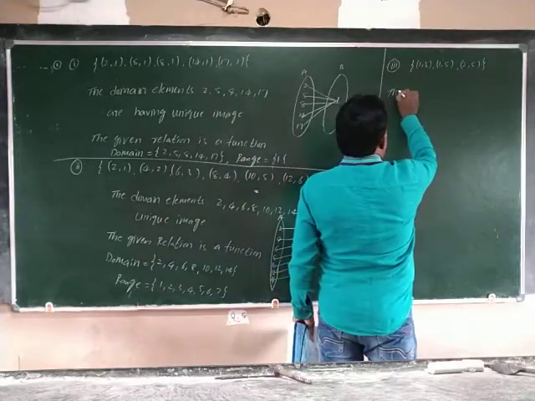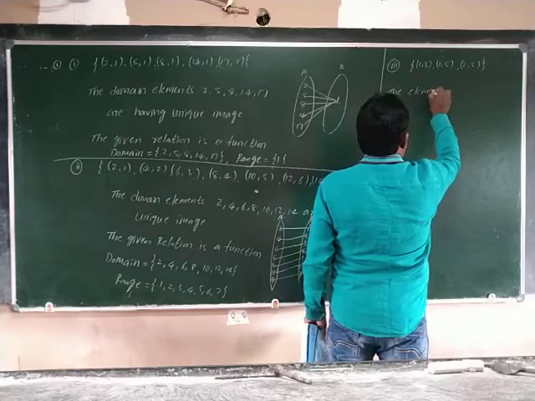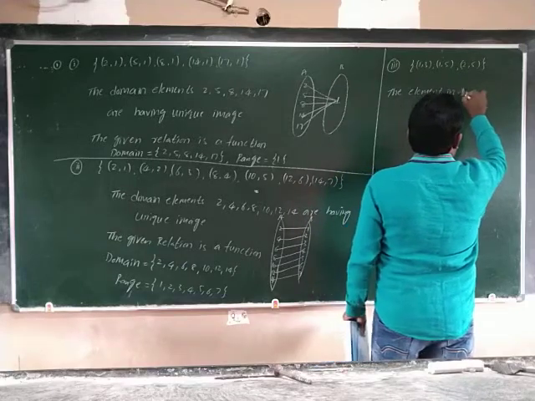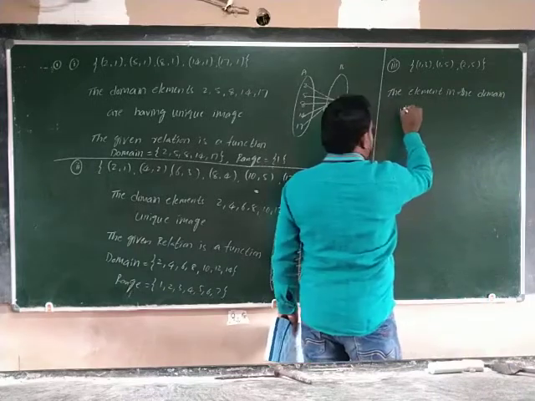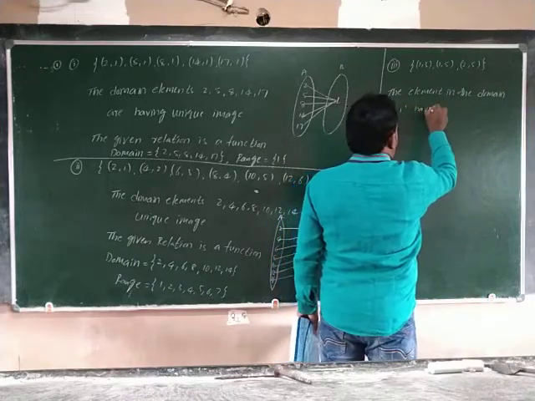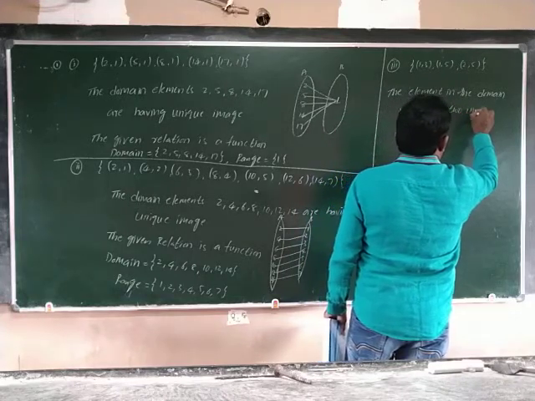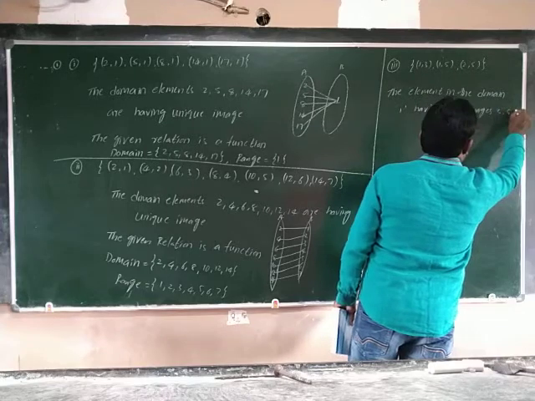The element 1 in the domain has two images. What are they? 3 and 5.